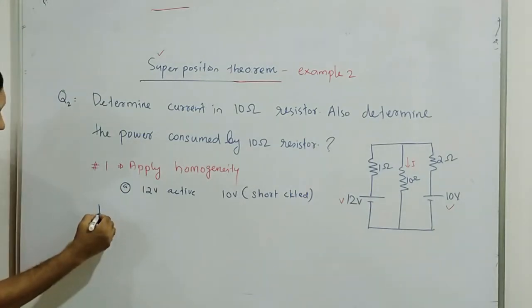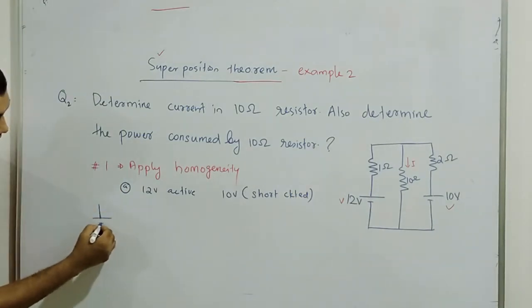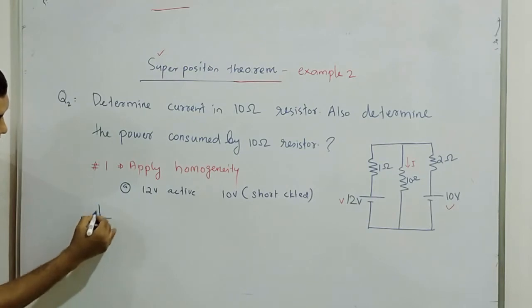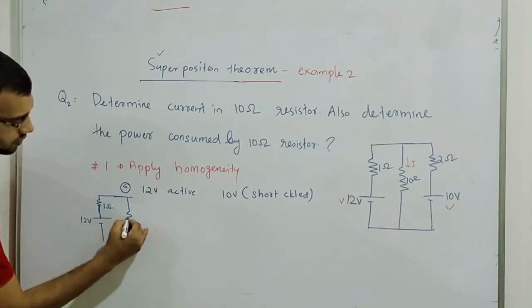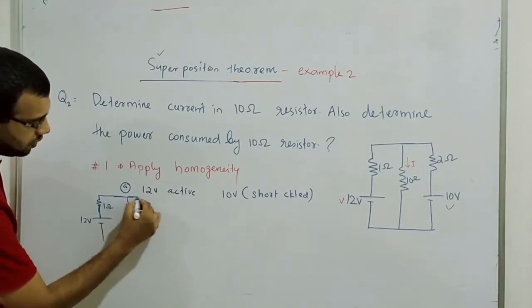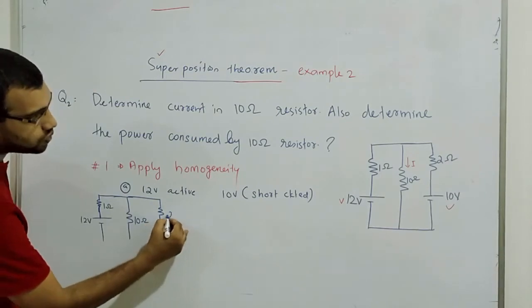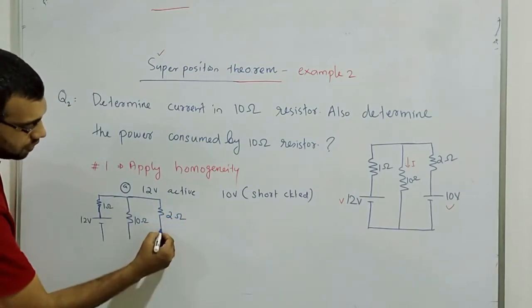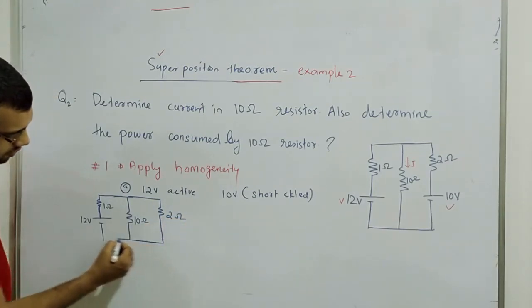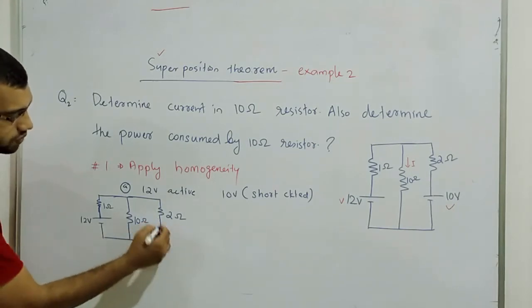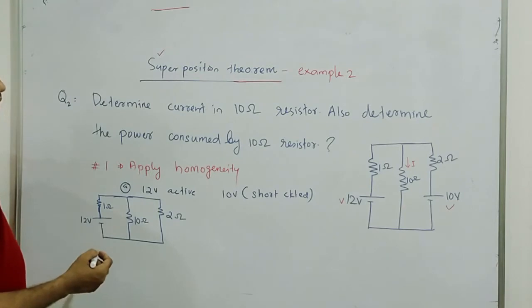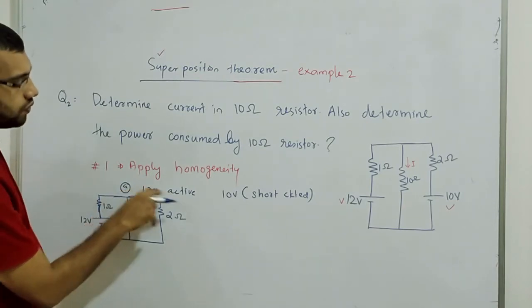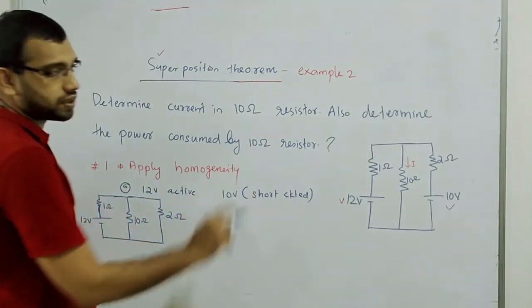So corresponding to that condition, the circuit is: this is 12 volt, this is the resistance 1 ohm, here we have one resistor 10 ohm, and here we have 2 ohm. The voltage source is short circuited. So this is the corresponding equivalent circuit when we are considering 12 volt active and 10 volt short circuited.